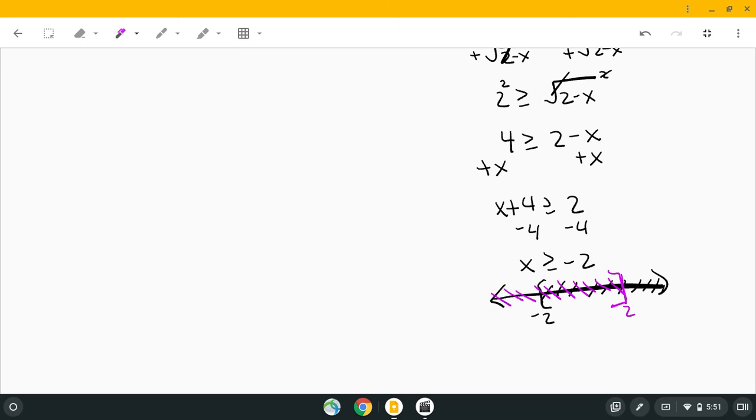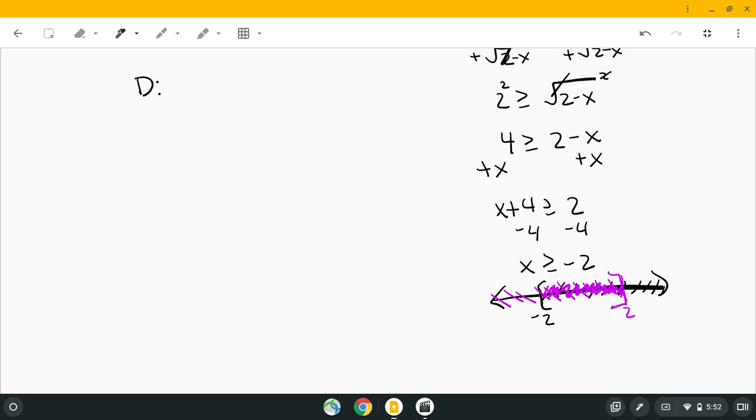And we see that what they have in common, the intersection, would be this right here. So the final domain would be all x values from negative 2 to positive 2. Okay. All right. So that is it.